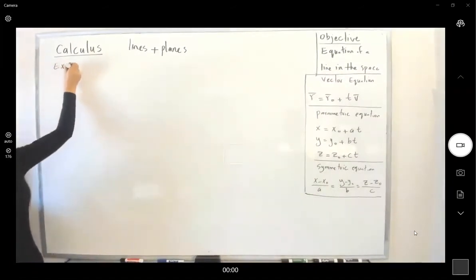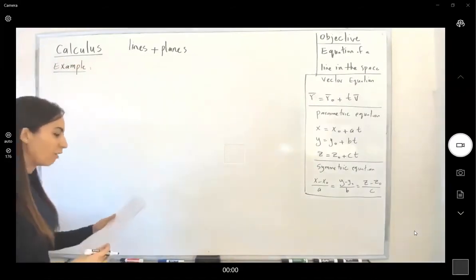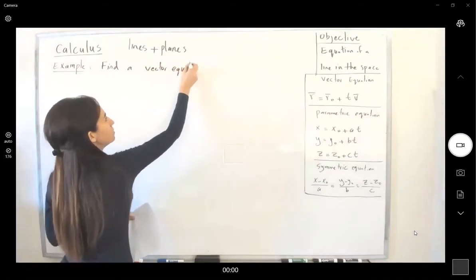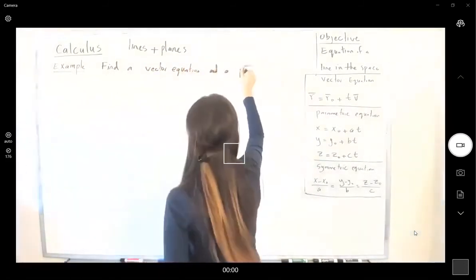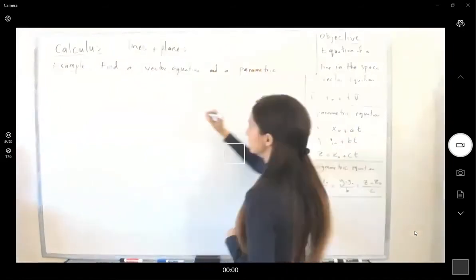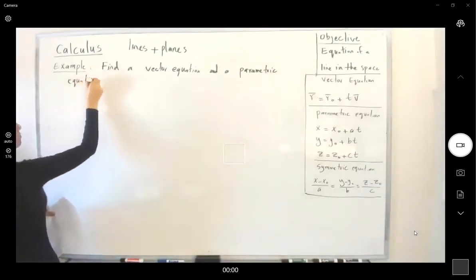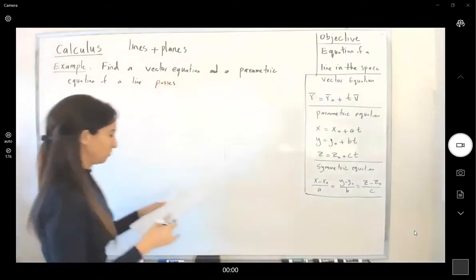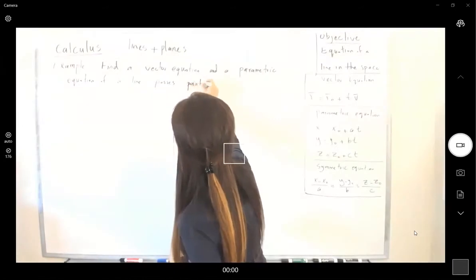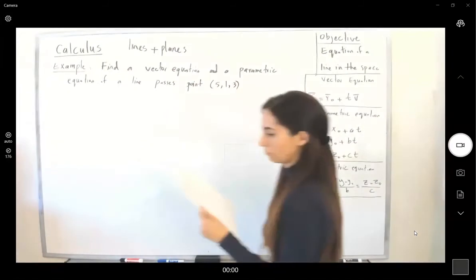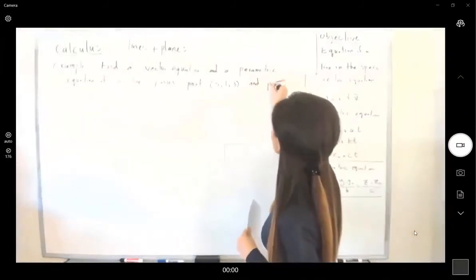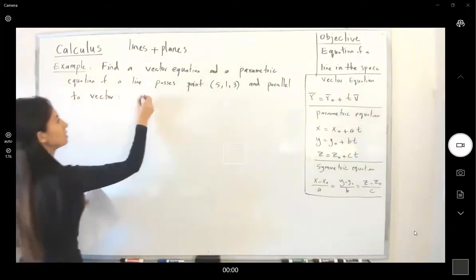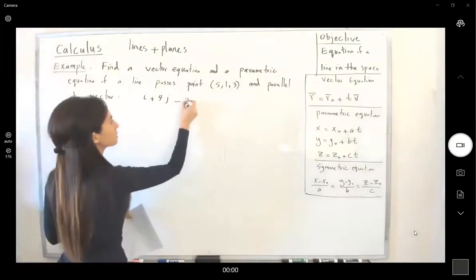Example. This example says, find a vector equation and a parametric equation of a line that passes through the point 5, 1, 3, and is parallel to the vector i plus 4j minus 2k.